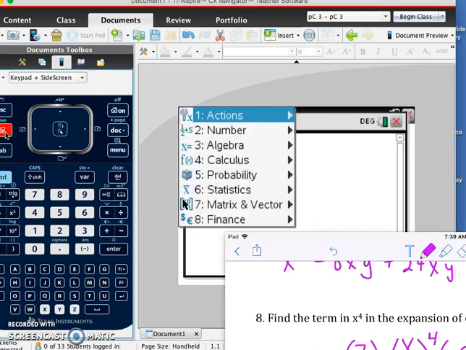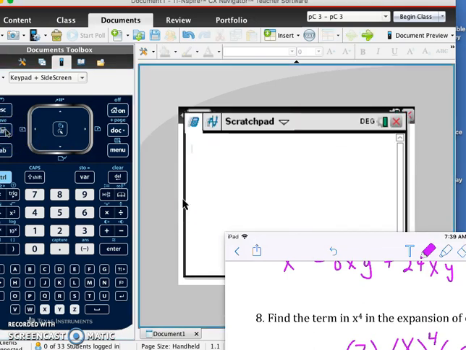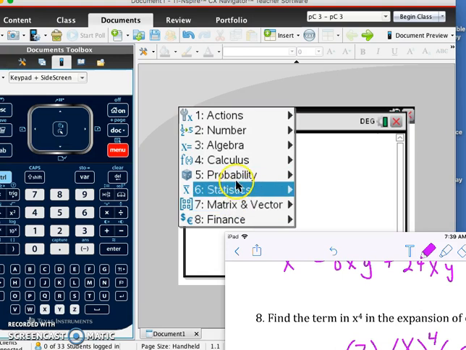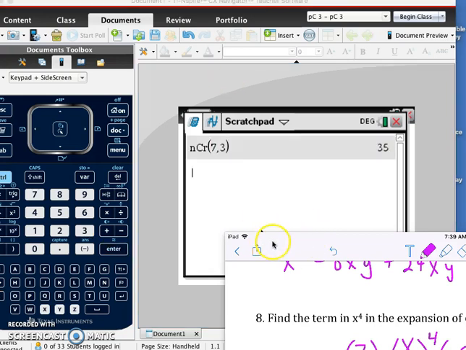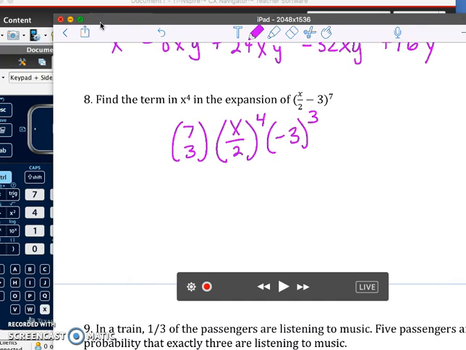So, menu, probability, combination, 7, comma, 3. So that's 35. So 35 times, this would now be x to the fourth over 16 times negative 27.